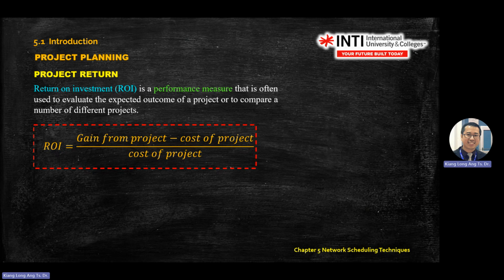Now there's another word called revenue. Revenue is money that you collect. For example, you are selling burgers. One burger you are selling at 5 ringgit.